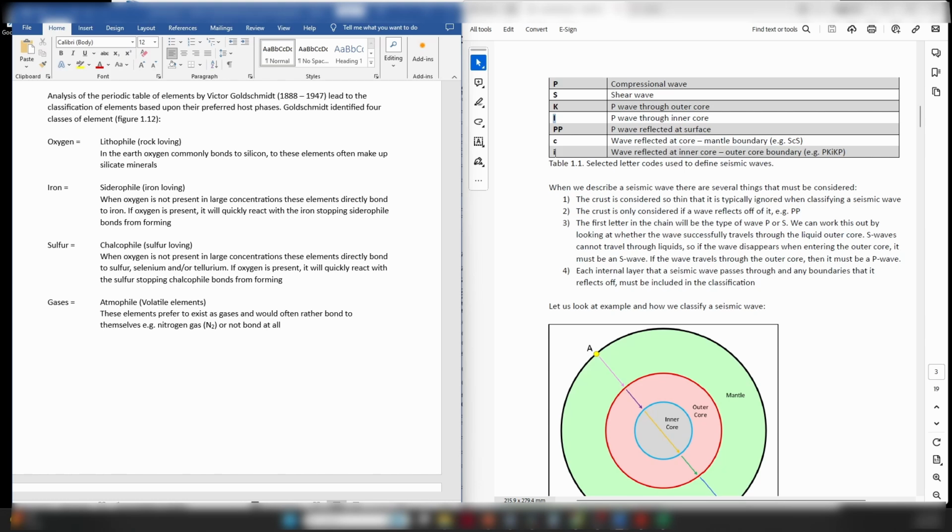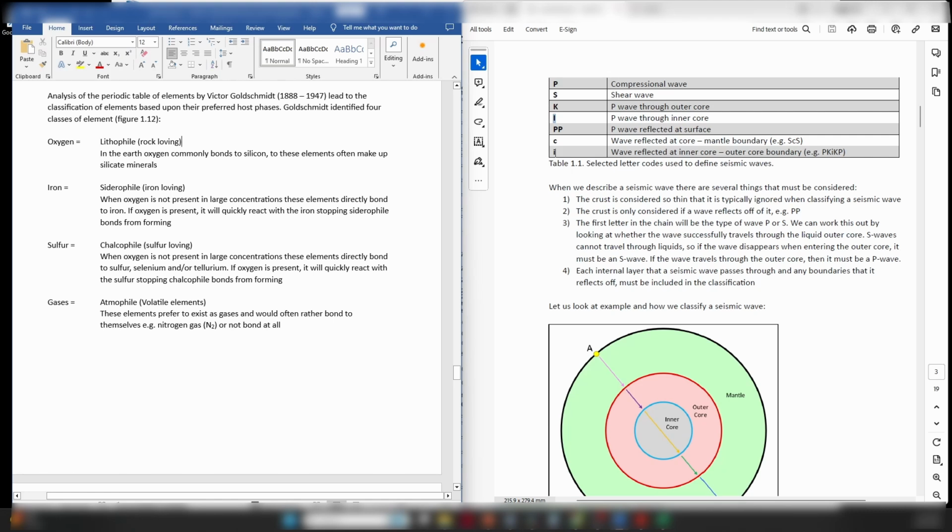If there's oxygen around, oxygen gets in the way. But once again, in oxygen-poor environments, these elements will want to move where the sulfur, the tellurium, or the selenium is. And then finally, we have the atmophile elements. They like to be gases. Okay, so we're talking about stuff that's mostly in the Earth's atmosphere.